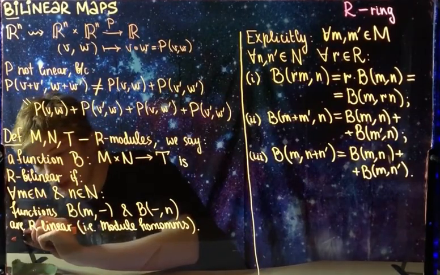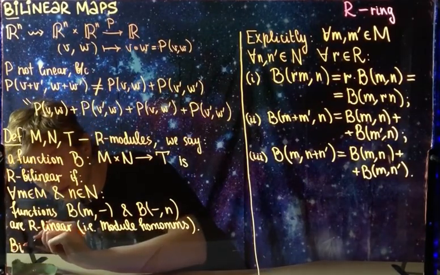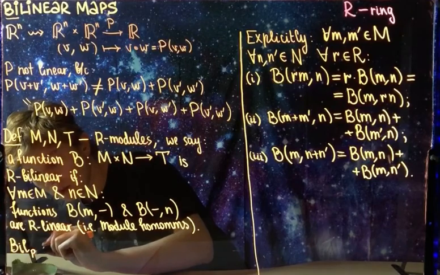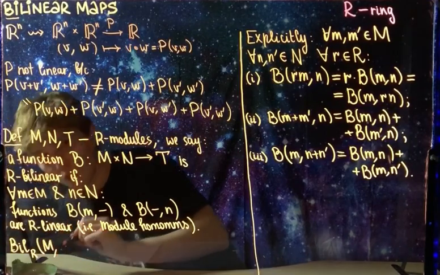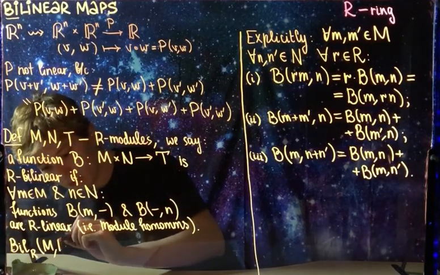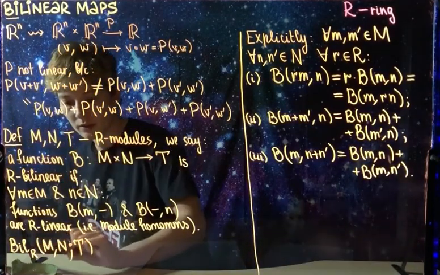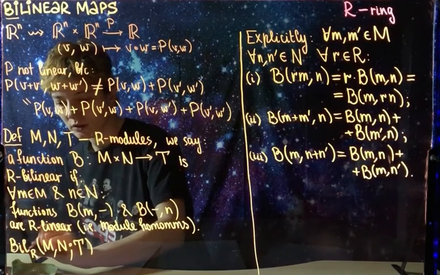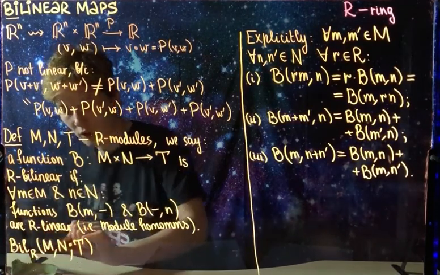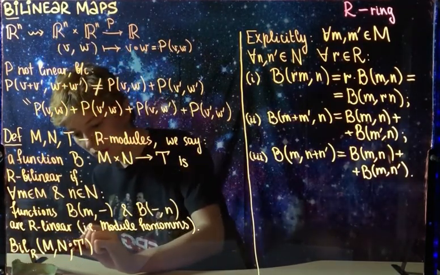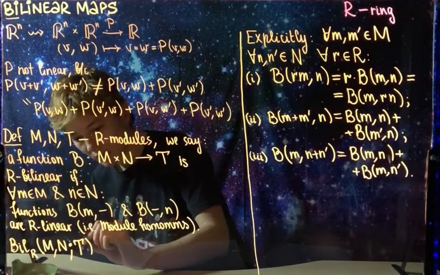And I also define the set of all bilinear functions from M cross N to T by this notation: Bil_R(M, N; T) here.